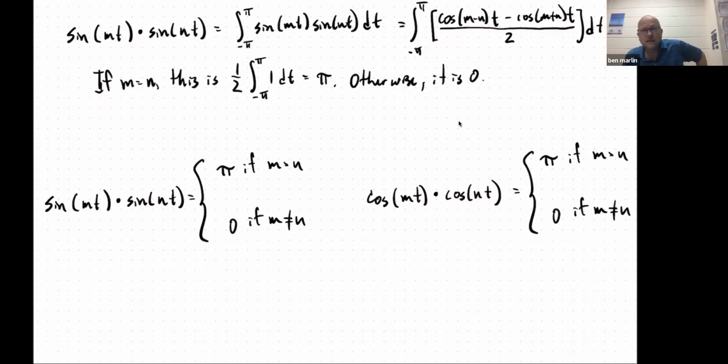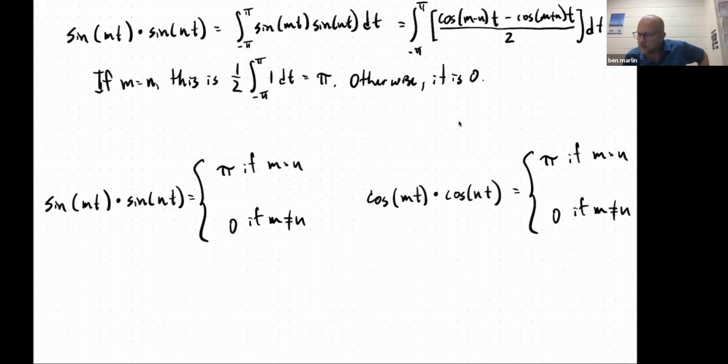Why do we want to do that? Well, if you can get a sine or cosine alone and you integrate it across the period, as long as the coefficient of the t in there is a positive integer, then you're going to end up with a result of 0.